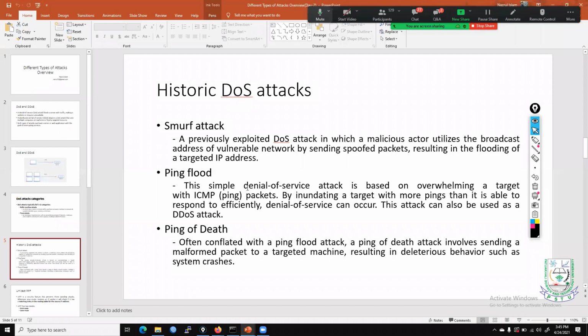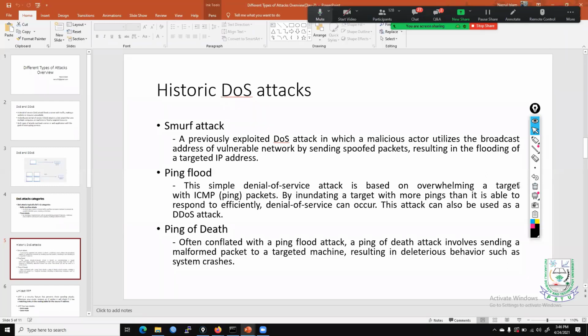The original ping of death attack is less common today, but a related attack known as the ICMP flood attack is already discussed.